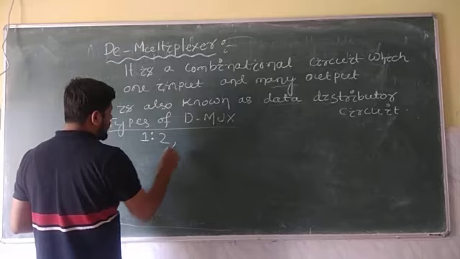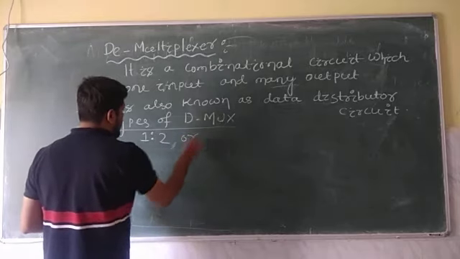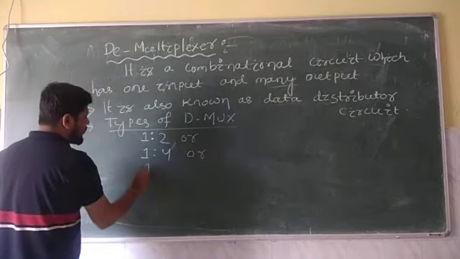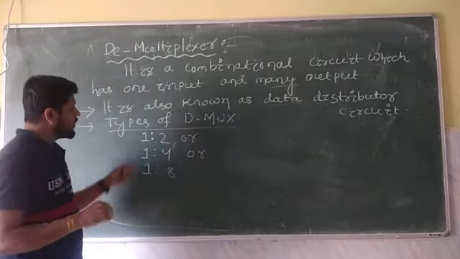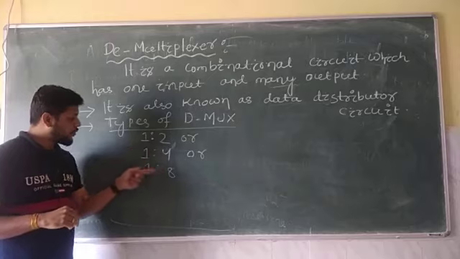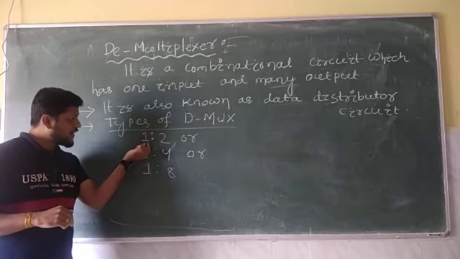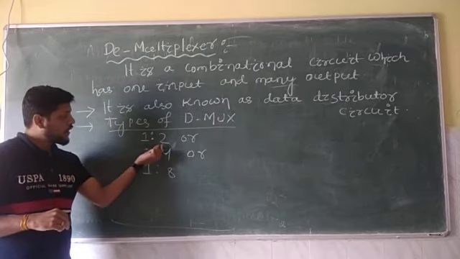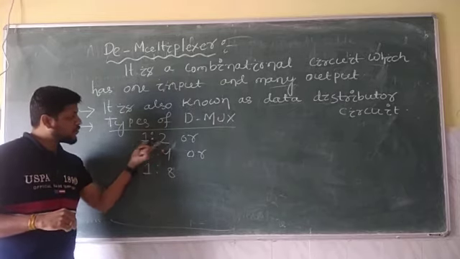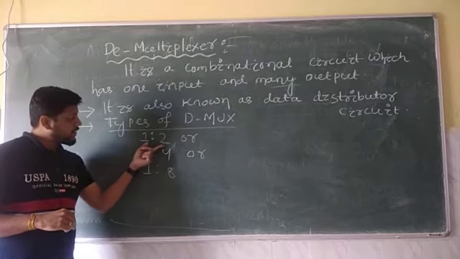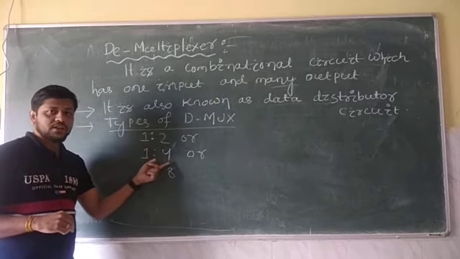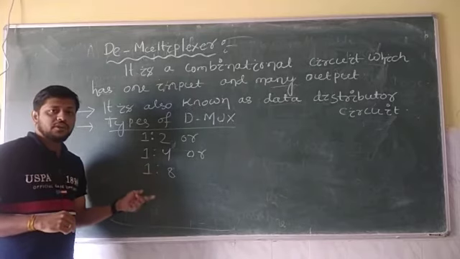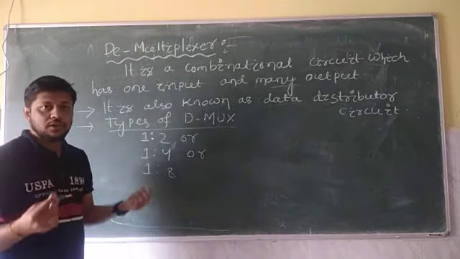So 1:2, 1:4, or 1:8. Here the first number indicates the input line, so we have only one input line and many output lines. 1:2 DMUX stands for 2 output lines, 1:4 DMUX stands for 4 output lines, just the opposite of the multiplexer, and 1:8 DMUX means we have 8 output lines.